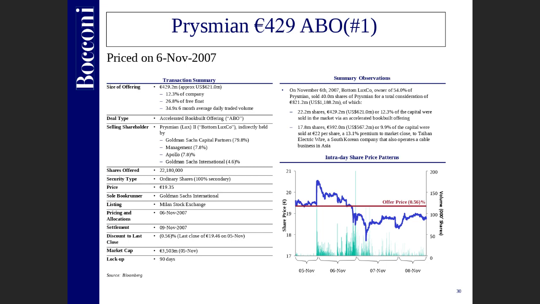At the same time, we also offered almost 18 million shares to this South Korean player, but in this case at a premium, because we sold it at 22 euro per share. In your opinion, why is there this anomaly?